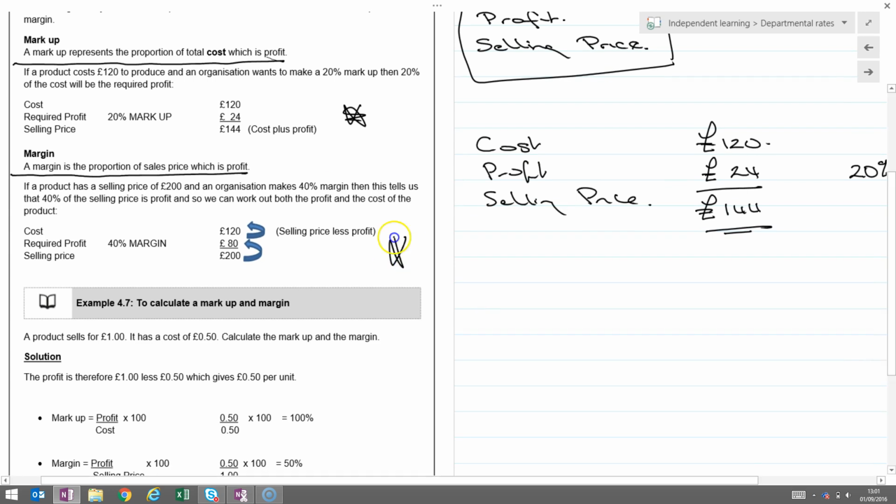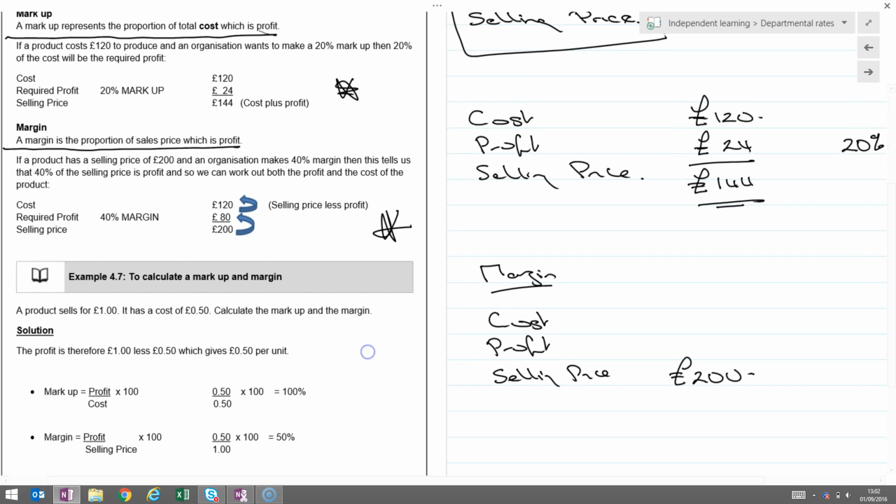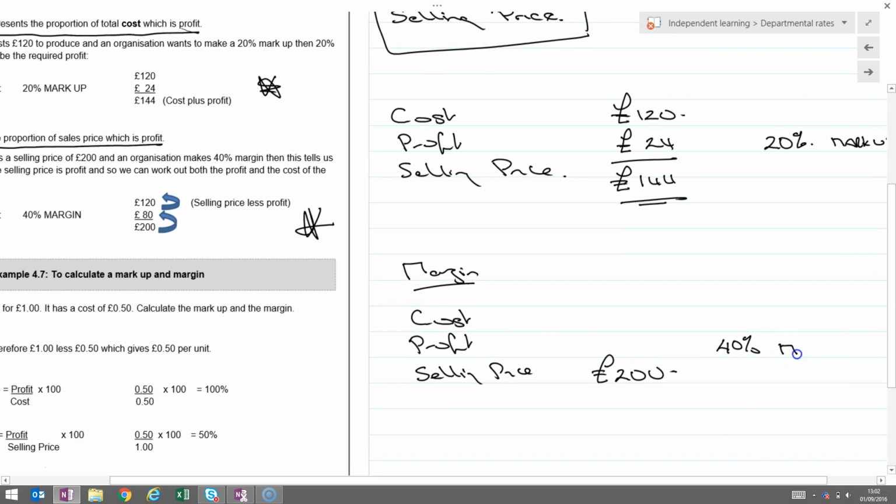In this second example, margin. So use the same layout, cost, profit, selling price. What do we know? The product has a selling price of £200. The organisation makes a 40% profit, but it's a 40% margin.